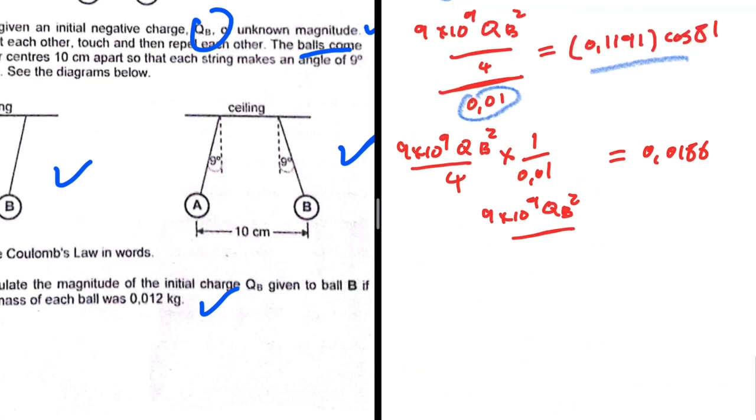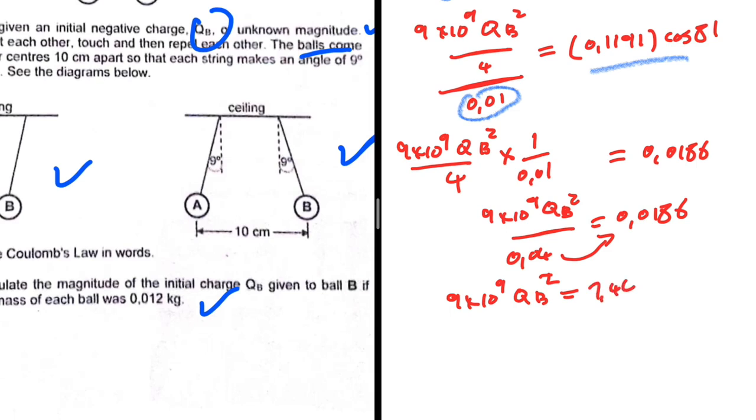Okay, so in the denominator I have 0.04. This is equal to 0.0186. Okay, let's cross multiply. We're going to have 9 times 10 to the power 9 QB squared being equal to 0.04 multiplied by 0.0186. That is equal to, let me put my calculator in scientific, 7.44 times 10 to the minus 4.